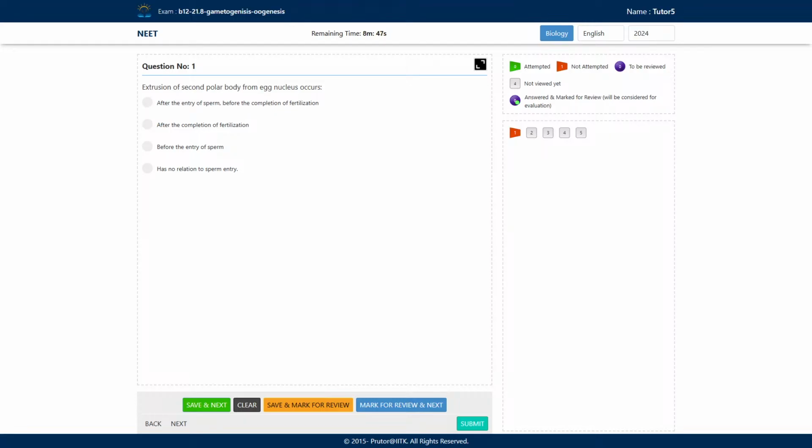Second option is after the completion of fertilization. Third option is before the entry of the sperm. And the fourth option is has no relation to the sperm entry. What will be the correct answer?